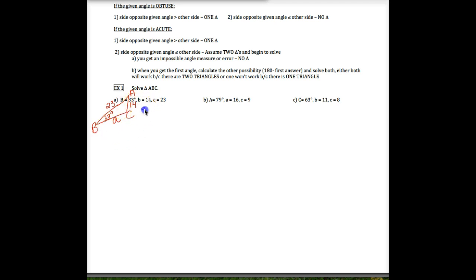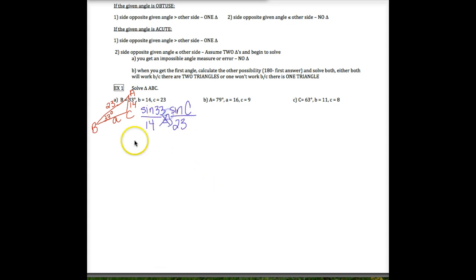So I start with sine of angle B over side B equals sine, I don't know another angle, but the other side that I know is side C, so that means I need to use angle C. So here's my setup.